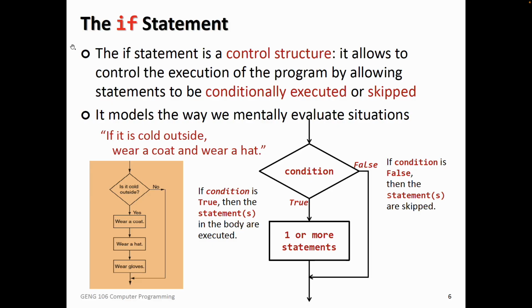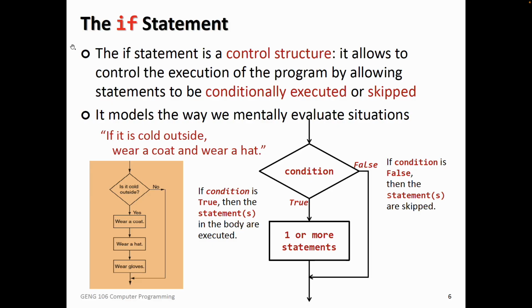For that, we also use these flow charts to represent our coding. To show my algorithm, if my condition is true, then I will do these things. Otherwise, I will not do that.